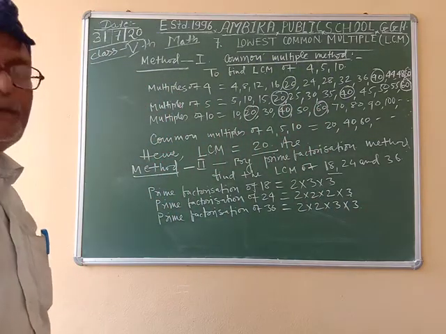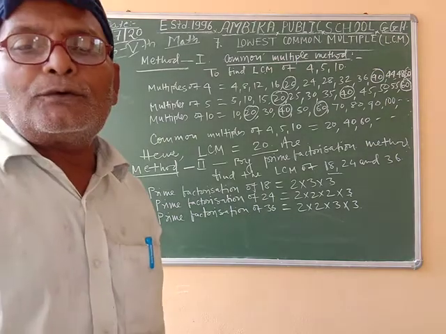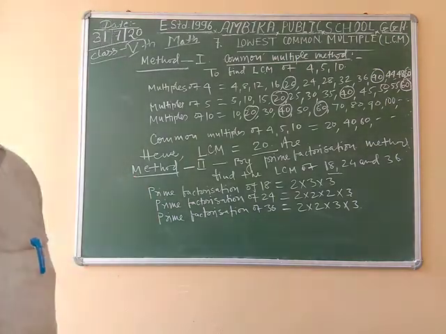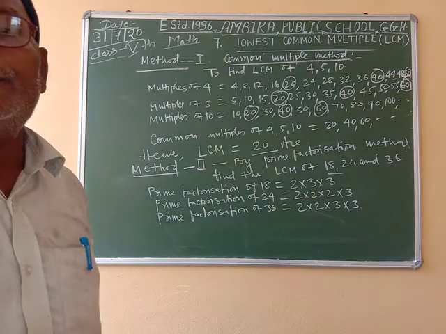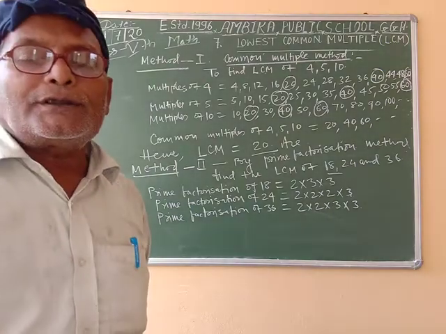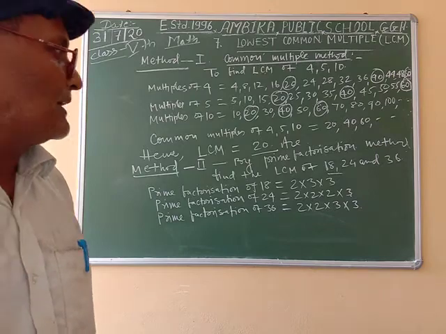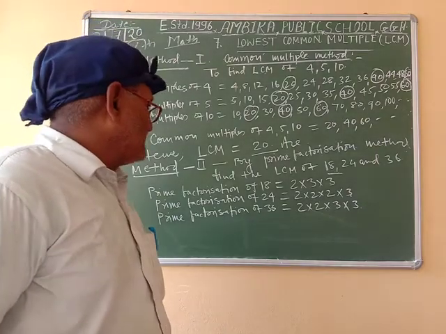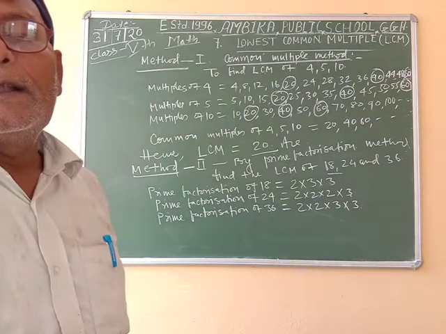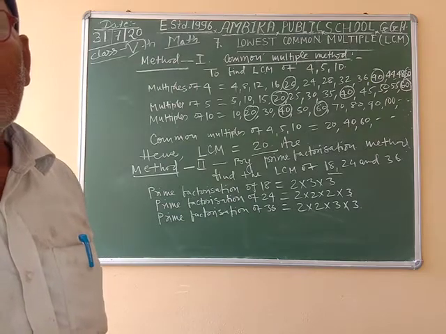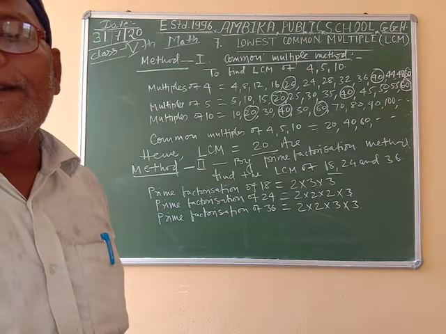Prime factorization of 18 is equal to 2 into 3 into 3. Prime factorization of 24 is equal to 2 into 2 into 2 into 3, and prime factorization of 36 is equal to 2 into 2 into 3 into 3.